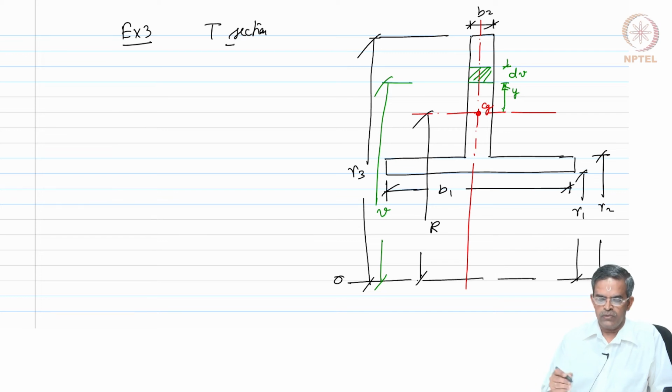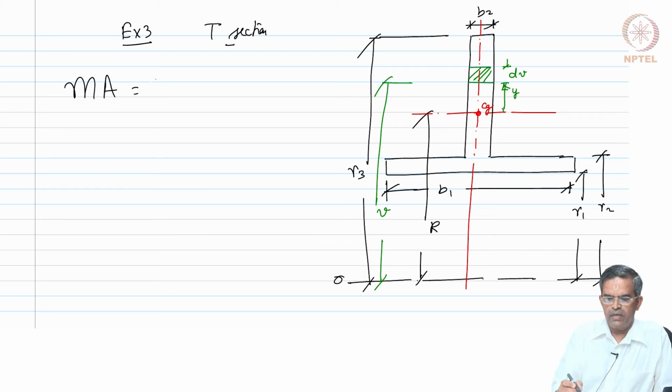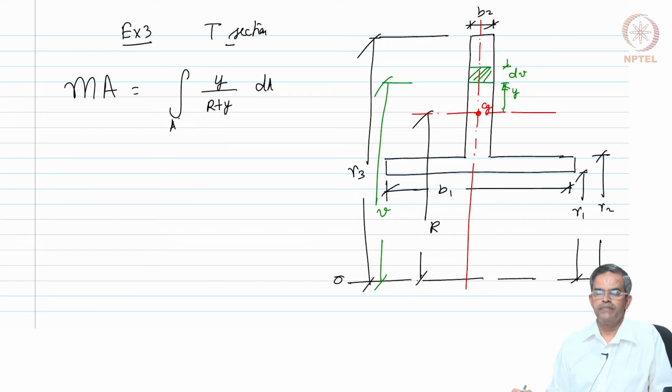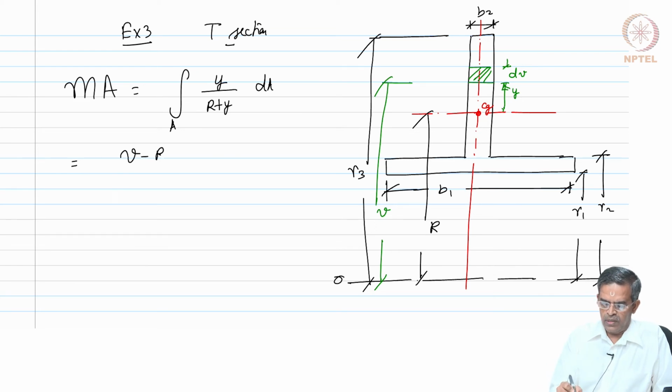Okay. So, we know the equation MA is given by integral y by r plus y dA for the whole area. So, from the figure one can see v minus R will be y, is it not? So, v minus R will be y, R plus y will be v, dA.